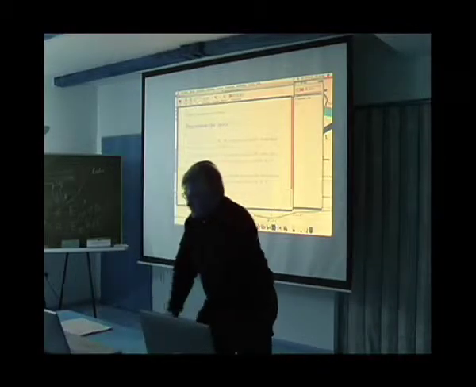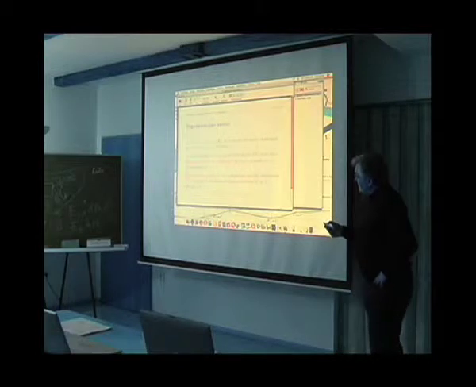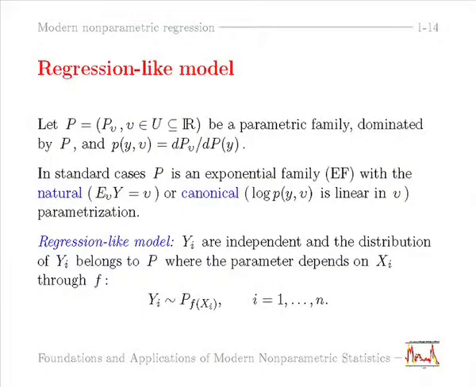Now, what we are entering now is the extension of the exponential family to so-called regression-like models, where the parameters of the exponential family, this was the theta, are actually regression functions that depend on other variables, which we call, of course, usually in regression problems, x.